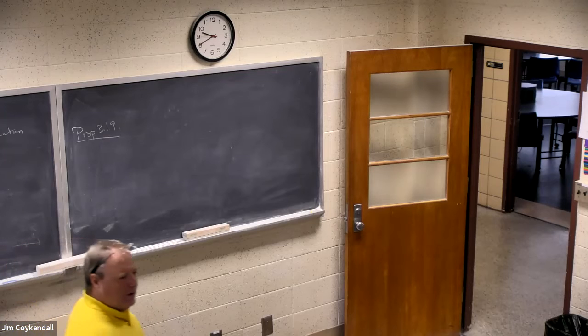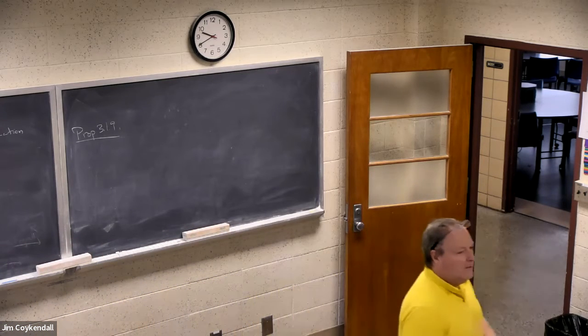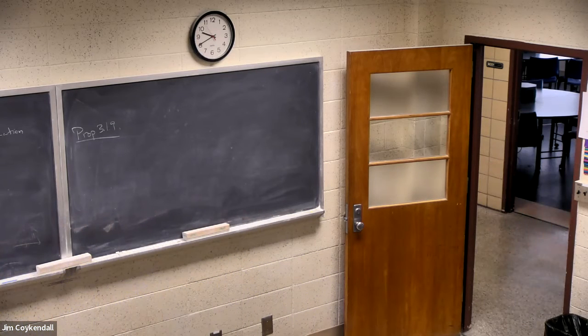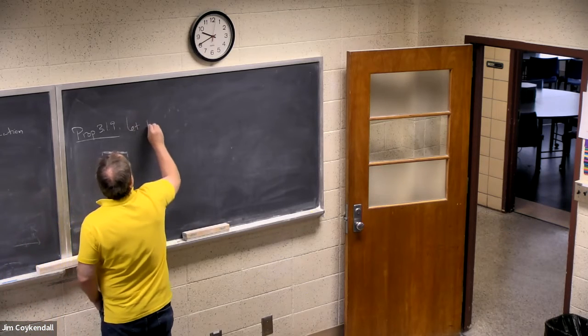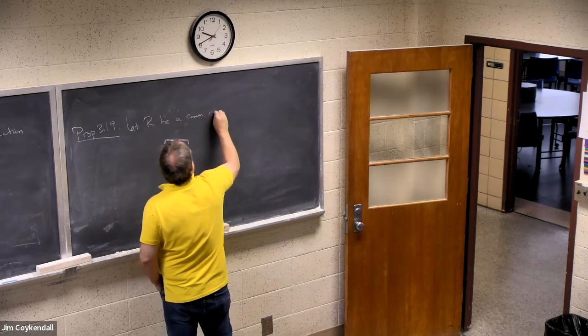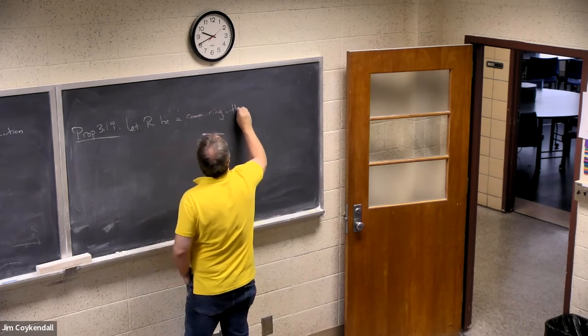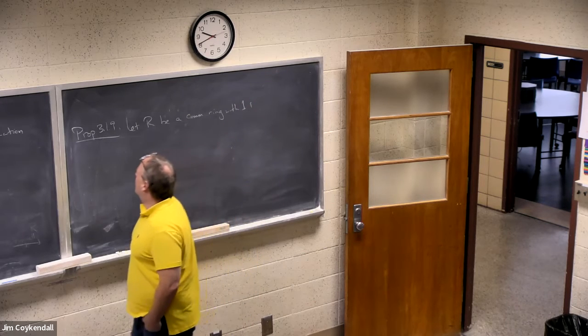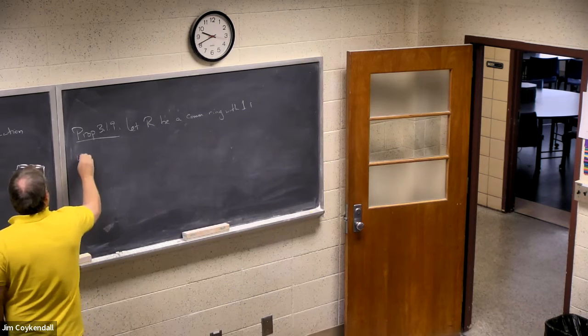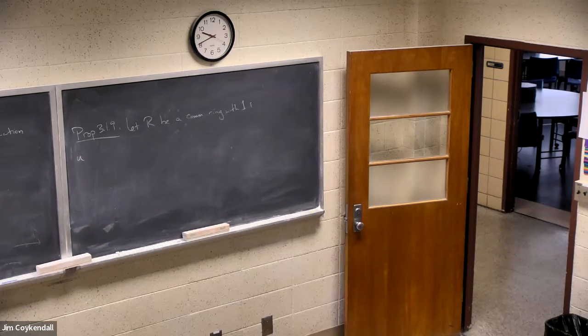Because the proof is really easy and it's like, oh my goodness, it's obvious, but this is actually something that comes up and is kind of useful. Let R be a commutative ring and u an invertible element of a ring containing R.